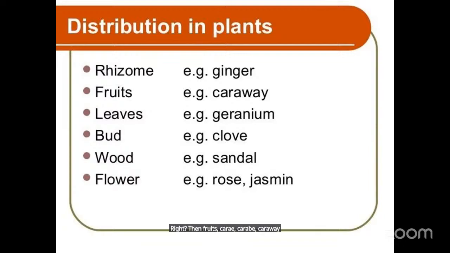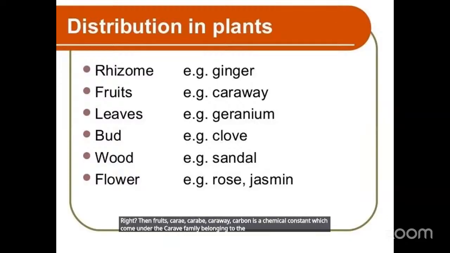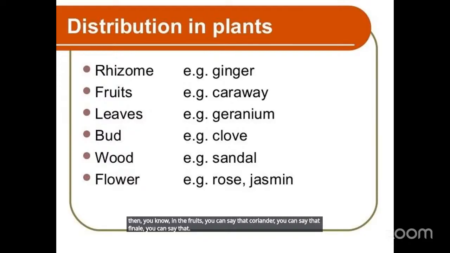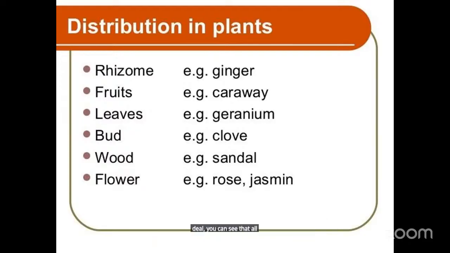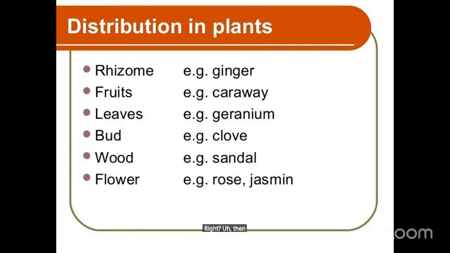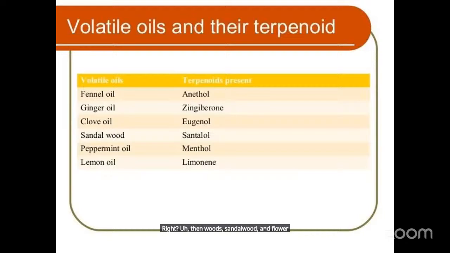Carvone is a chemical constituent which comes under the caraway, belonging to the Umbelliferae. Then in the fruits you can say coriander, fennel, dill, all come under the volatile oils or terpenoids, right? Leaves, geranium. Buds, whenever there is a bud, there is clove, right? Then woods, sandalwood, and flowers, rose and jasmine, right?